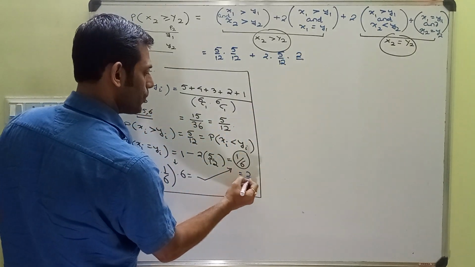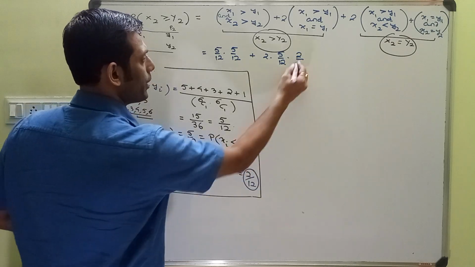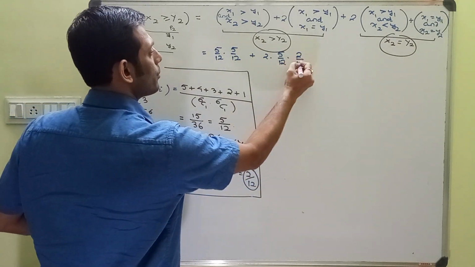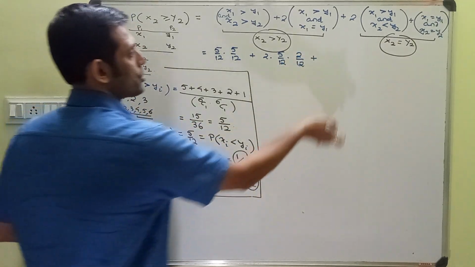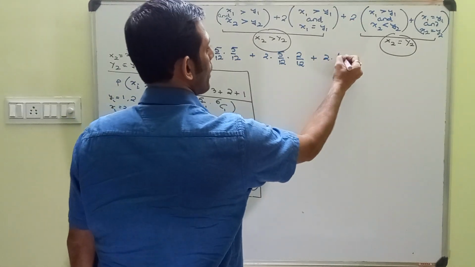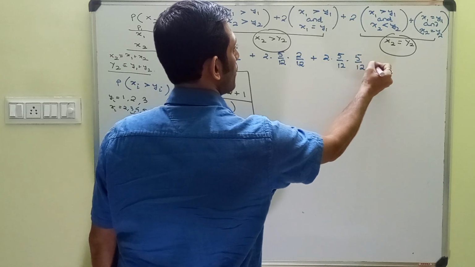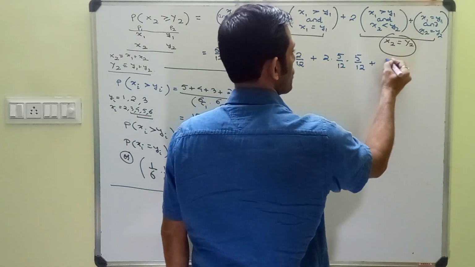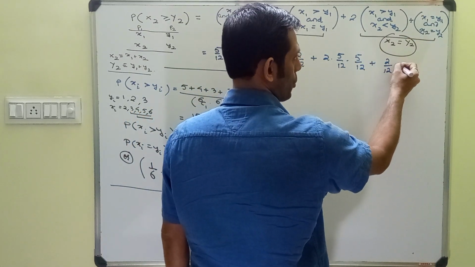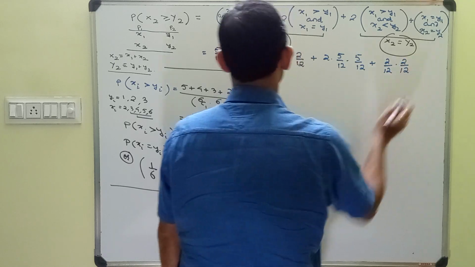You can write this equal to 2/12 alternately, plus 2 times 5/12 dot 5/12, plus this is 2/12 dot 2/12.